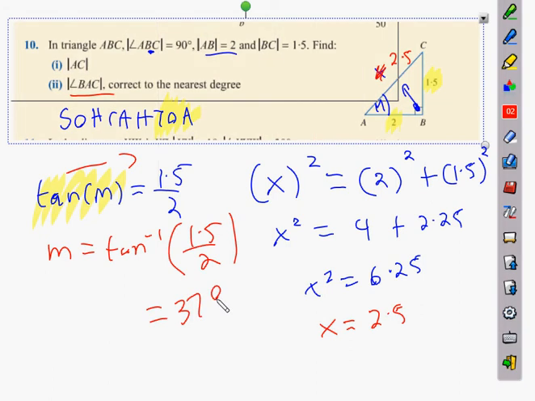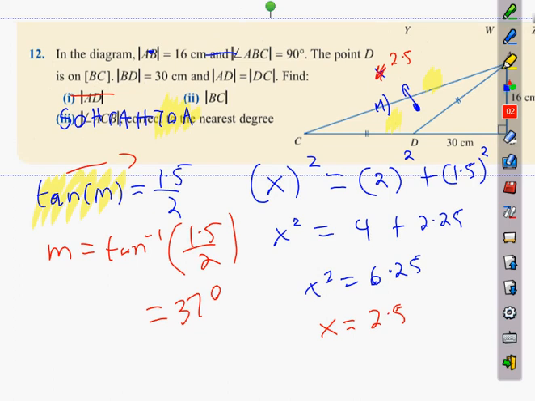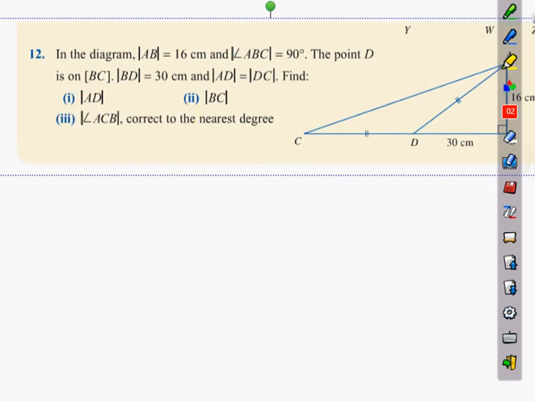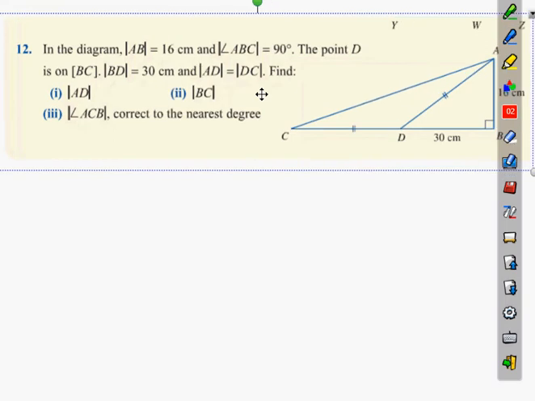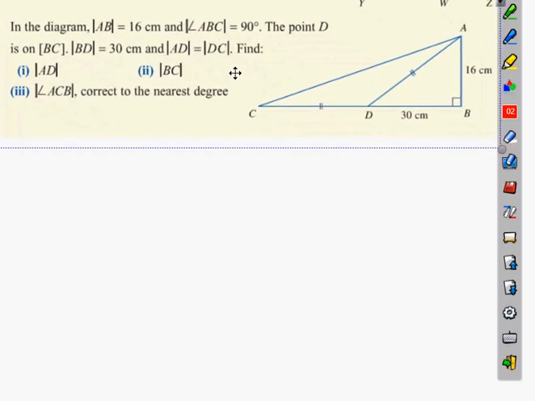Number 10. Okay, now 12 is quite hard as well. 12, we have a right angle triangle. So here's 12 here. One of them's 16, the other one's 30. Can anybody tell me how to get AD? This one here.